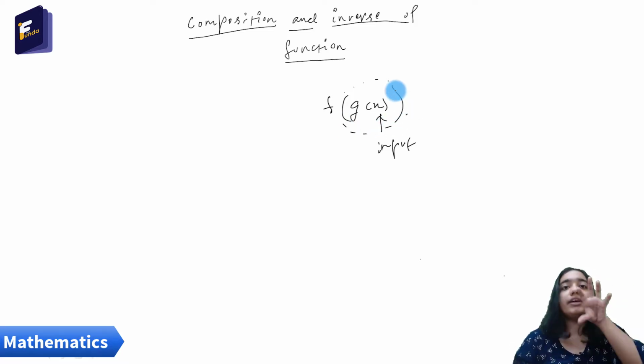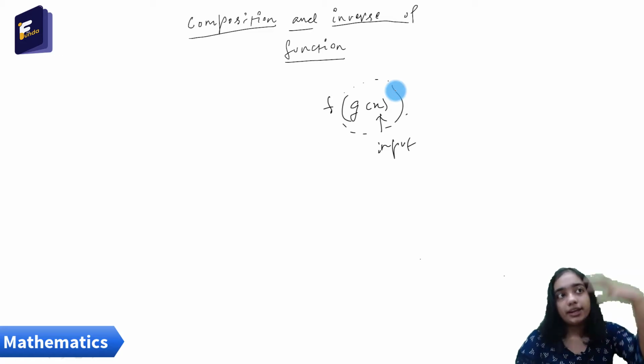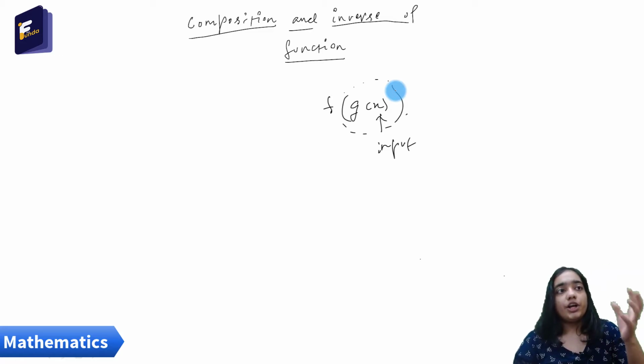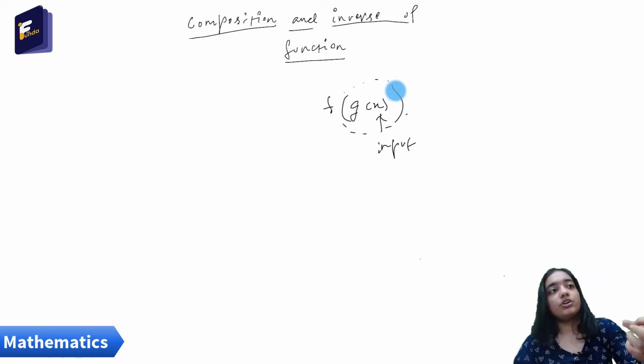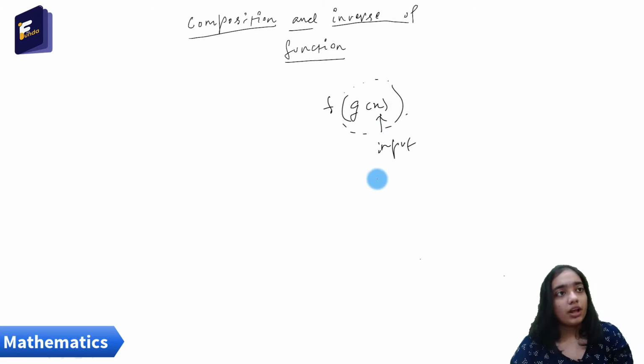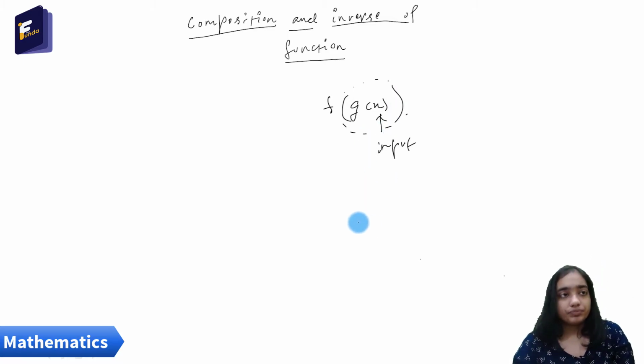That output, g of x, we are putting into another function, that is f. So we are using the output of one function as the input of another function. This is the whole concept of composition of functions. It is also represented like this, and this is the same as this.